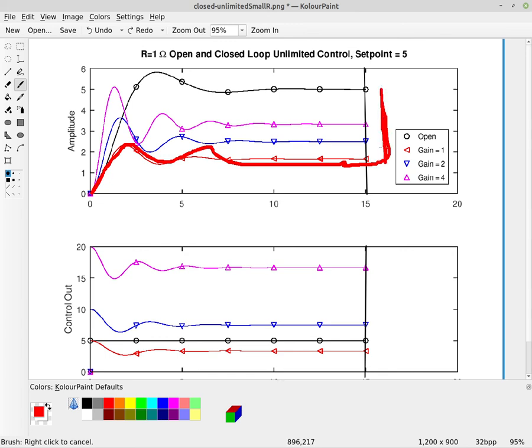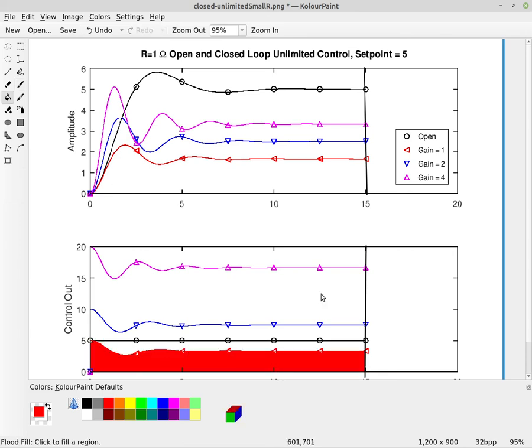We have a huge steady state error, and we actually get more oscillation. By the way, let's look at our energy while we're at it. This is the energy of our gain of 1 system, here in red.